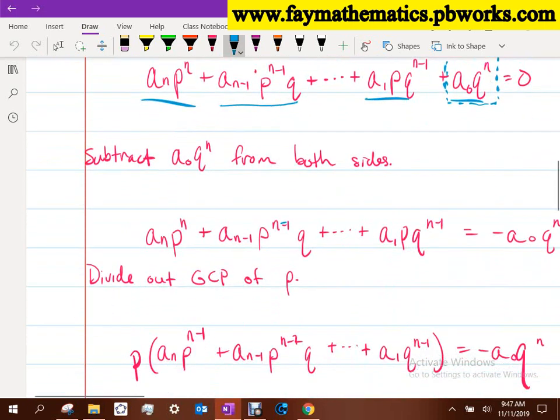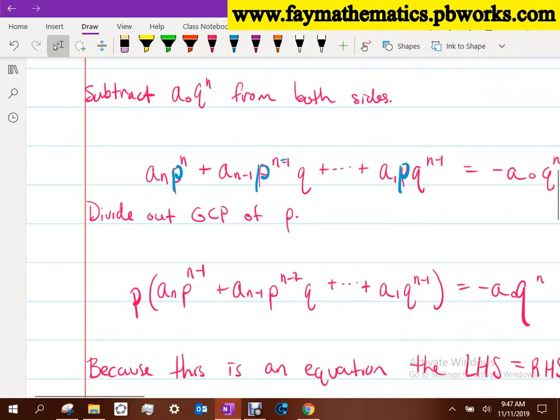If I look at this left-hand side, would you agree that each one of those terms has a p in it? There's a p, there's a p, there's a p. Now think about this. Let's say I had 2p cubed plus 3p squared.